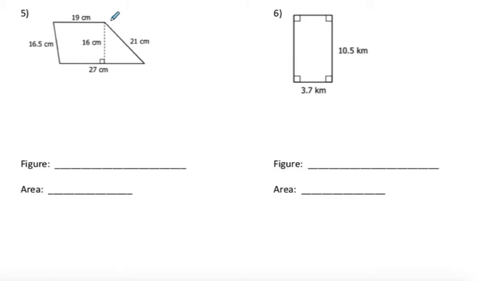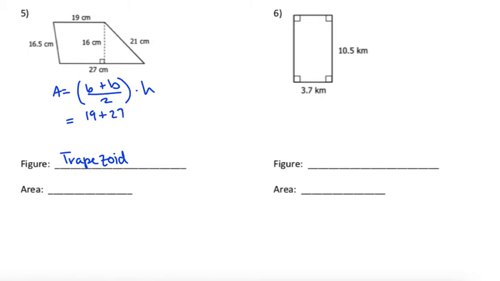On number 5, these bases are not the same length, so this must be a trapezoid. Our area formula for that is base plus base divided by 2 times height. We have one base that's 19 and another base that's 27.